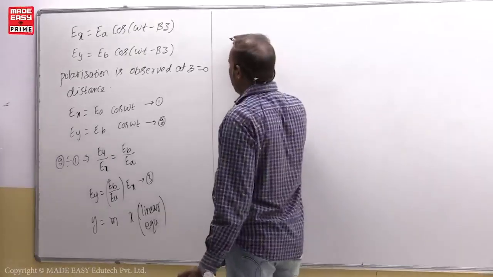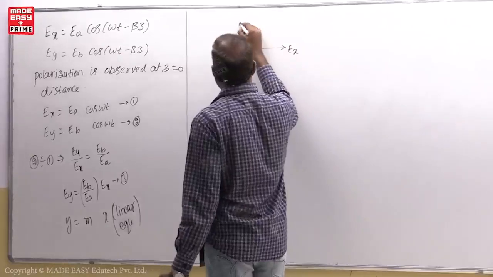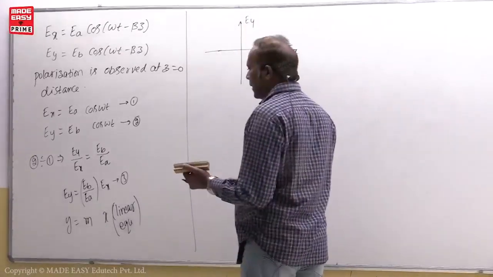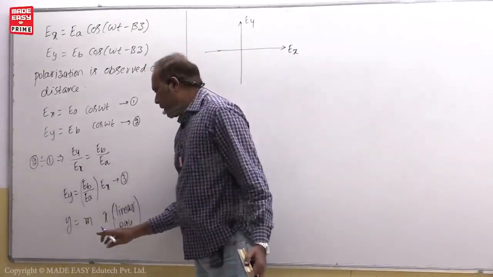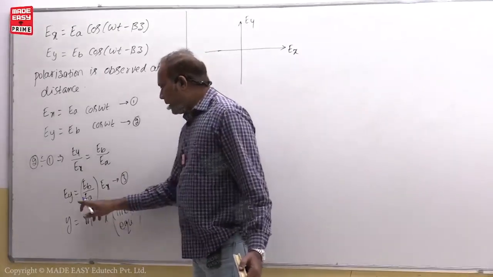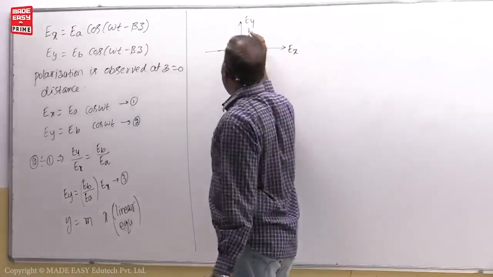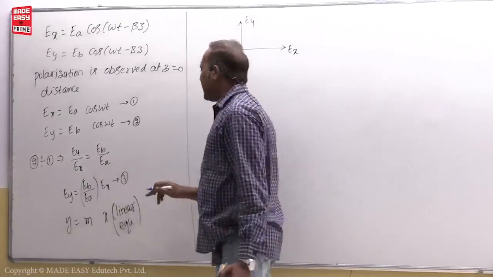If you take this as the x-axis and this as the y-axis, then on the xy plane it is a straight line having slope m. Similarly, on the Ex, Ey plane, this is a straight line having slope Eb by Ea.